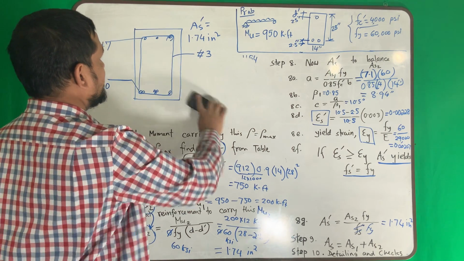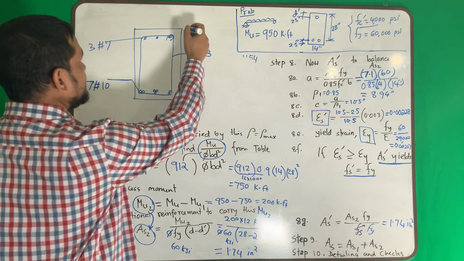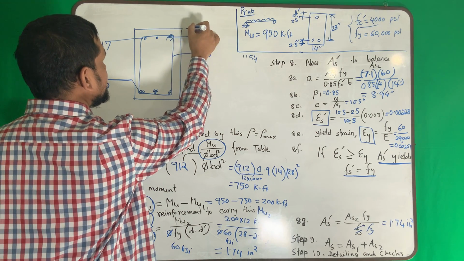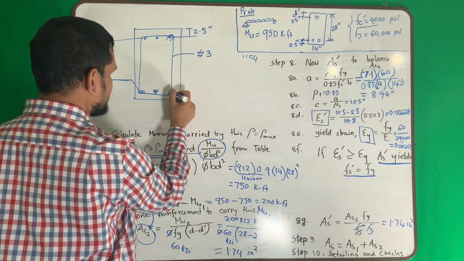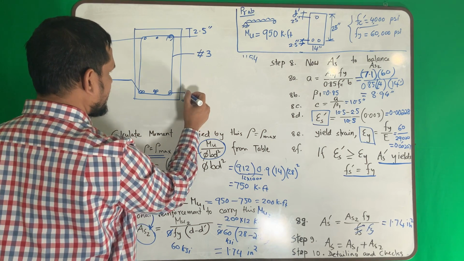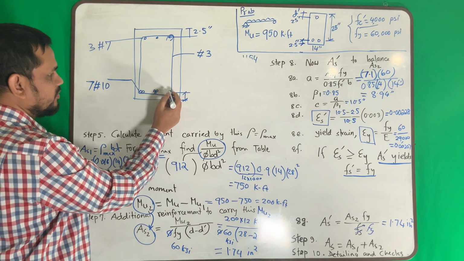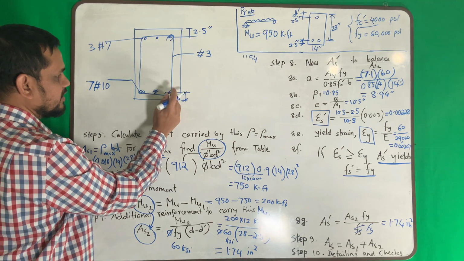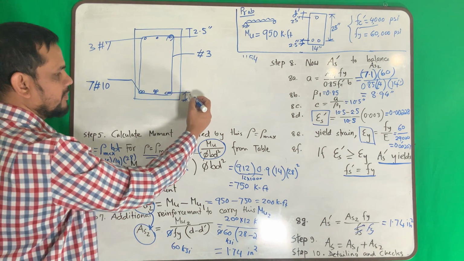I will delete this, then show the dimension. This portion should be 2.5 inch and the center to this should be, now you can see, my two bars should be side by side. Then I do not need to provide extra material here.